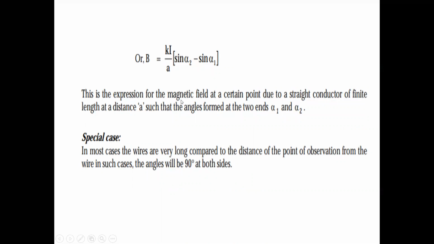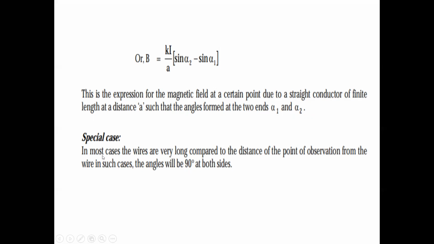This is the expression for the magnetic field at a certain point due to a straight conductor of finite length at a distance A, such that the angles made by the point to the two ends of the length are alpha 1 and alpha 2.